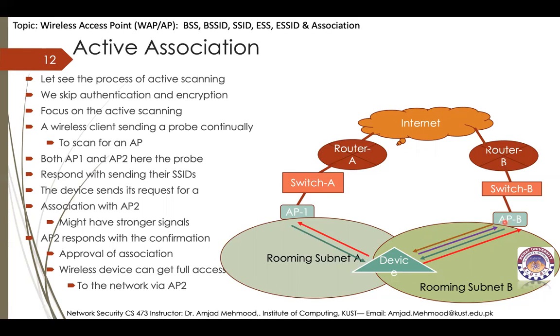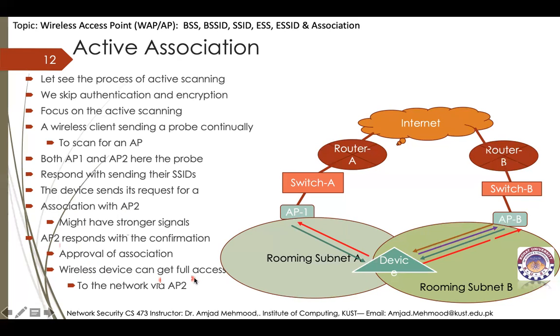Might be this has a strong signal strength, and here you can see that the device is not sending any confirmation or joining request to the other AP. So association with AP2, which might have a stronger signal, as I mentioned. AP2 responds with confirmation, confirming approval of association.